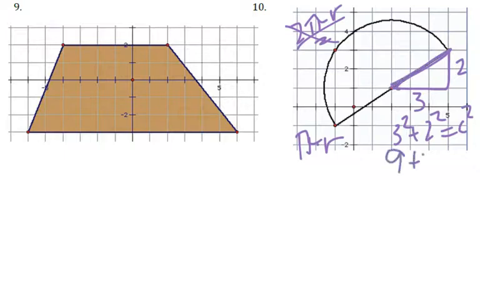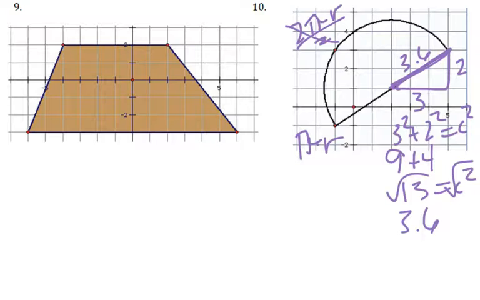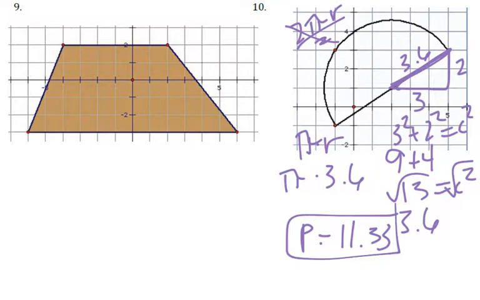So 9 plus 4 gives us 13. Take the square root of 13, and we get about 3.6. So pi times 3.6 would be about a perimeter of 11.33 units.